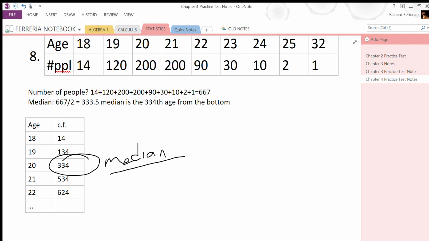Would there ever be a time where the median is in between 3 ranges? Yeah, that is a possibility. So what would you pick at that point? Well, let's just say that there are 668. Then there's a good chance that median would be somewhere between the 20th and the 21st. So then you would pick 20.5.